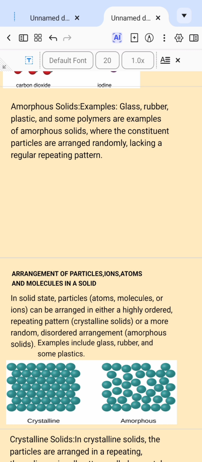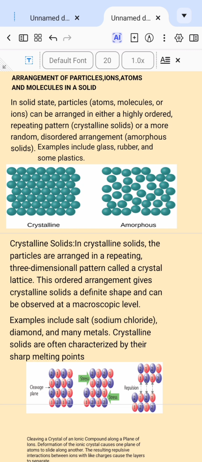This also gives rise to a high melting or boiling point, that is, a high temperature is required to melt a solid. Unlike this, the arrangement of amorphous particles is not in a regular form. So from there we have the first one here, which is the crystalline solid.